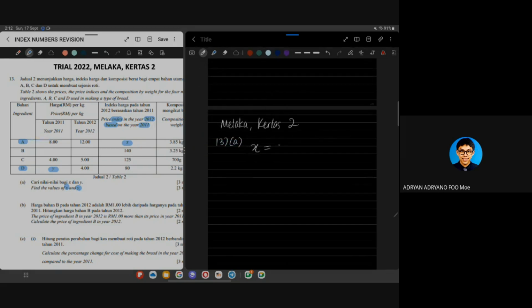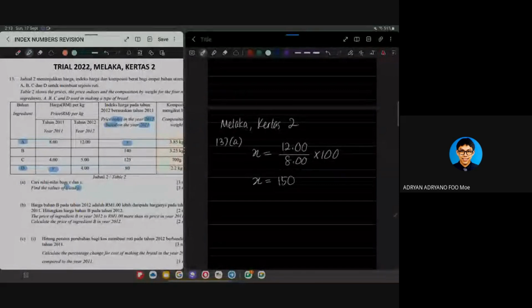X is actually the index of A. So X equals 12.00 over 8.00 times 100. So X equals 150. Same thing, because this is a whole number, you can choose to put 0.00 or not to put. Okay?